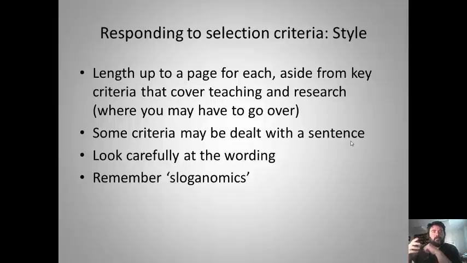The first few times you make them, it'll take maybe more than a day to do them all together, maybe 75% of the time in your two or three day process. But by the time you've done five or six, you'll have pretty good answers to most questions which can pop up, and you'll just have to tailor and rewrite them to add your new achievements each time you apply for a job.